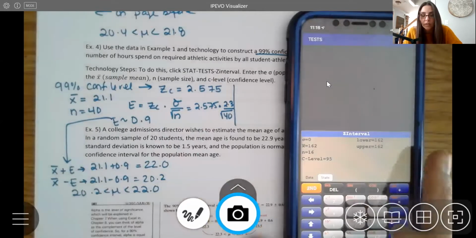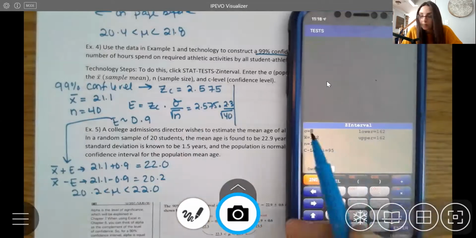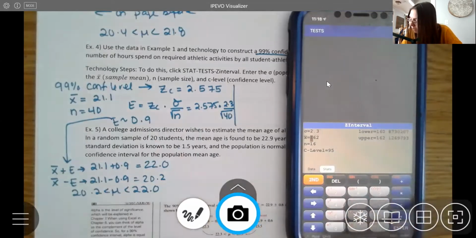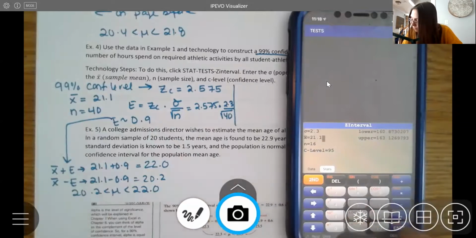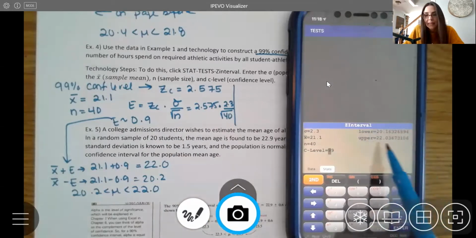And then you're going to enter some important information, right? You're going to enter the sigma, which is 2.3. You're going to enter your sample mean, which was 21.1. You need to enter the 40 for the sample size, and you're going to enter your confidence level. So my confidence level here is 99. And what you'll see on the right, once I hit enter, it will adjust, and this is my confidence interval right here, right?